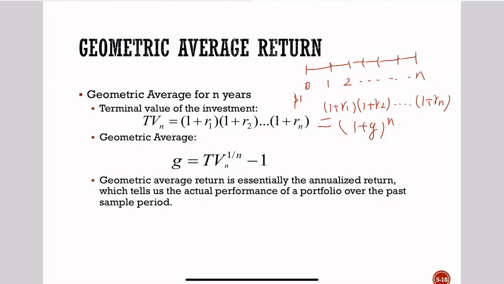So this basically means G equals this. And you can see that the geometric average return will give you the annualized return, and it gives you the basic measurement of your investment performance.